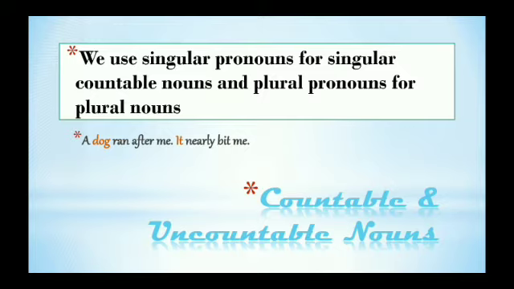Yes, dog is a noun. And how many dogs are here? Just one, right? A dog. So it is a singular countable noun. So along with the singular countable noun, we have used a singular pronoun. So a dog ran after me. It nearly bit me. So it is a singular pronoun.